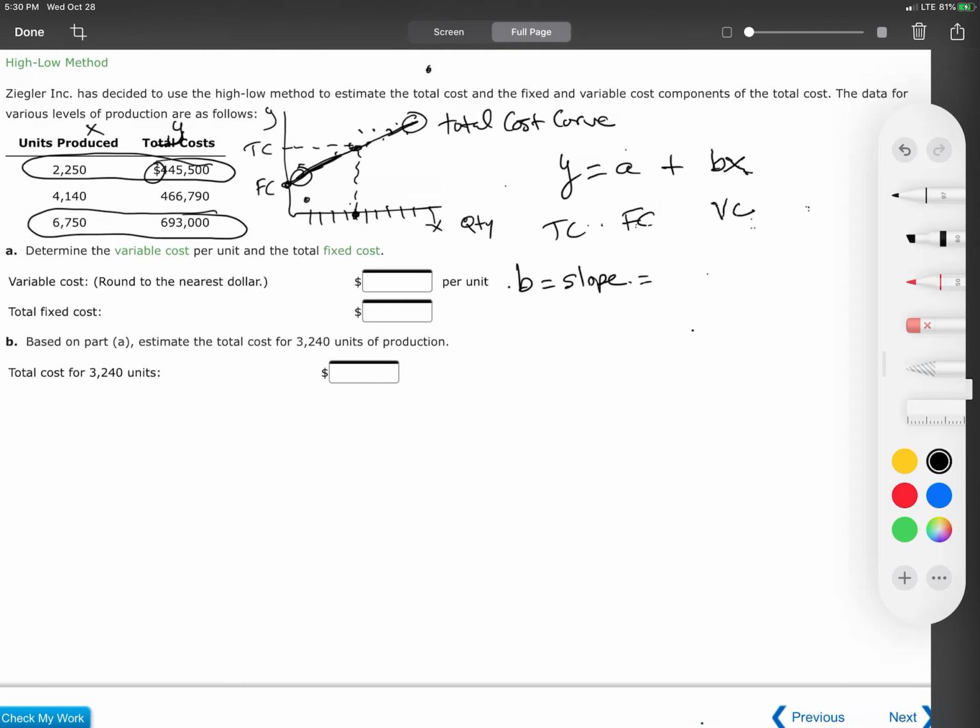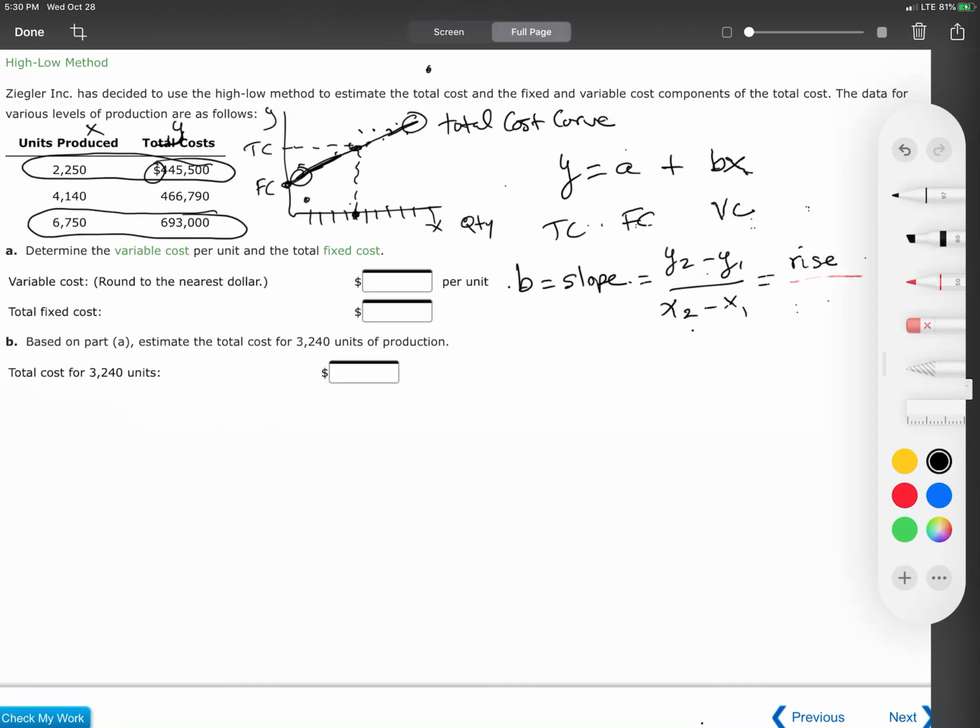So the high-low method says take the high point and take the low point and use the data of those to solve for the slope. How do you solve for slope?